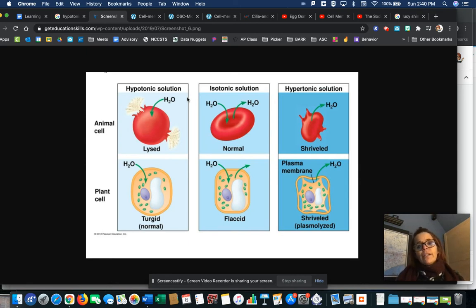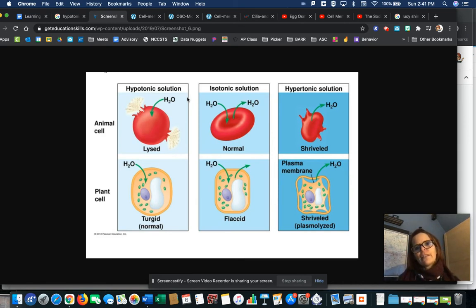Distilled water is 100% water. It cannot be anything other than a hypotonic solution. Perhaps it could be an isotonic solution, but it could never be a hypertonic solution because its concentration is the highest. It's the highest hill you could possibly have at 100%. So nothing's ever going to go higher than 100%.